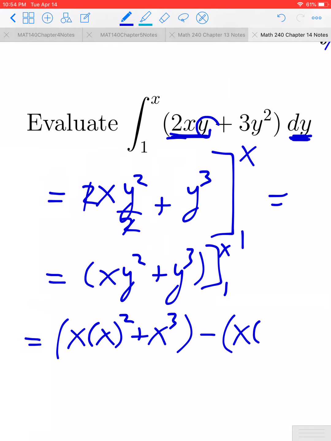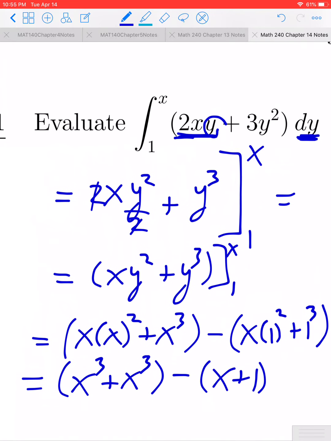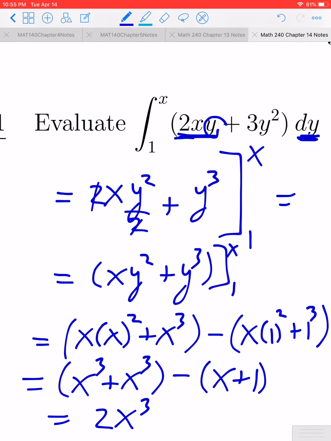That's going to be x times 1 squared plus 1 cubed. This will give us x cubed plus x cubed minus x plus 1. And if we simplify this, that's going to give us 2x cubed minus x minus 1.